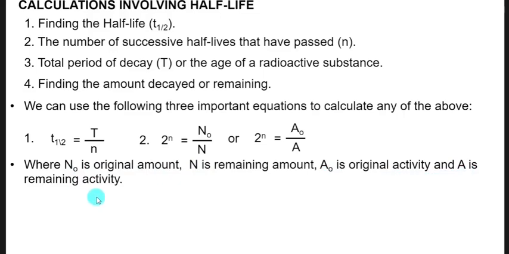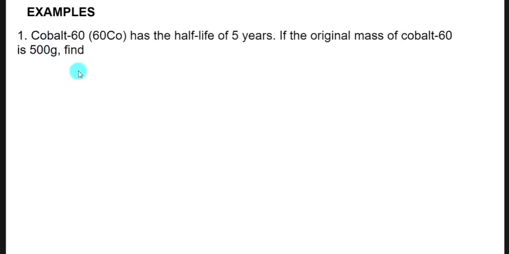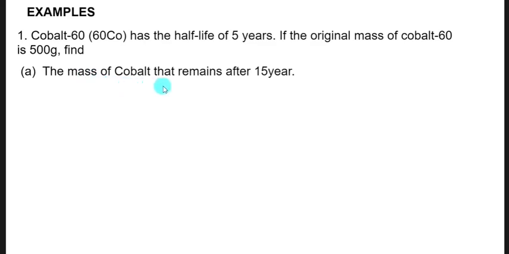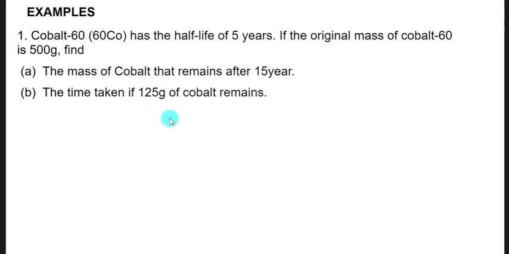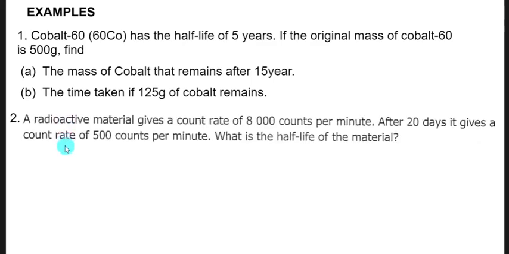So let's look at an example. Cobalt 60 has the half-life of 5 years. If the original mass of cobalt 60 is 500 grams, find A, the mass of cobalt that remains after 15 years, then B, the time taken if 1.5 grams of cobalt remains. Then question number 2, a radioactive material gives a count rate of 8,000 counts per minute.